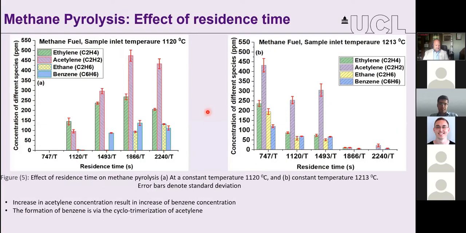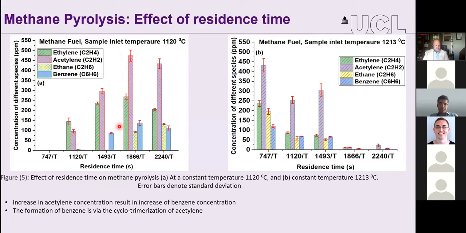This figure 5 shows the effect of residence time on methane pyrolysis. Figure 5a shows that at the shortest residence time, that is 747, there were no intermediate species, and the only component detected by the GC was the fuel, suggesting that the fuel breakdown has not yet started. But as the residence time increases, the concentration of intermediate species also increases.